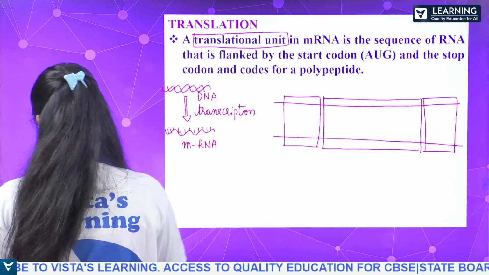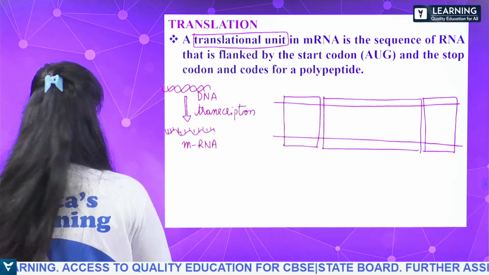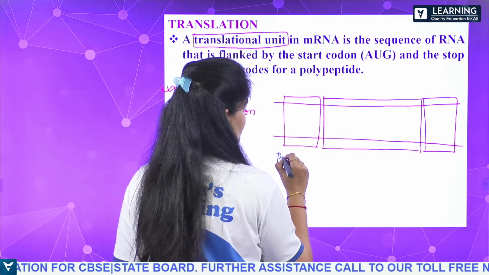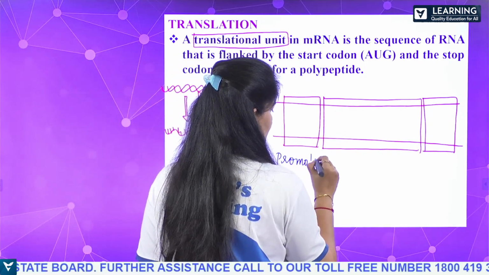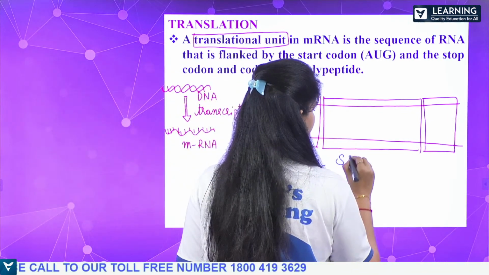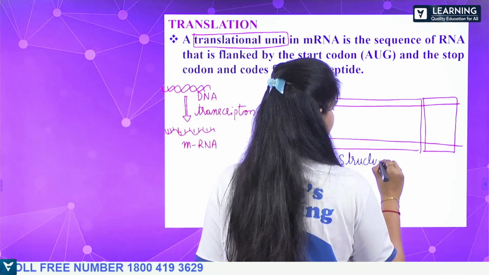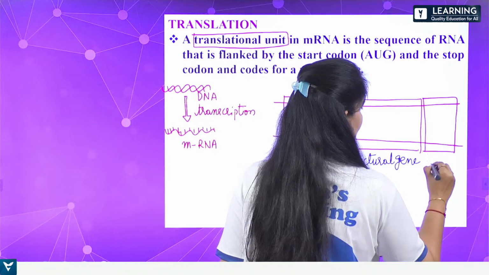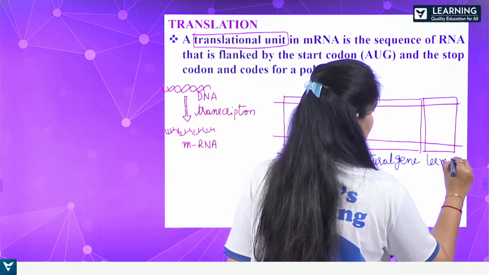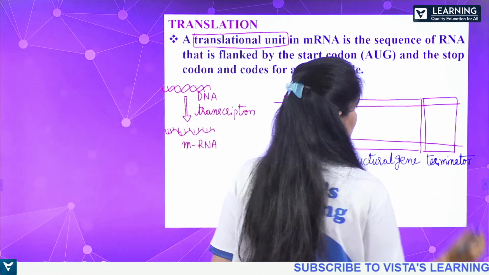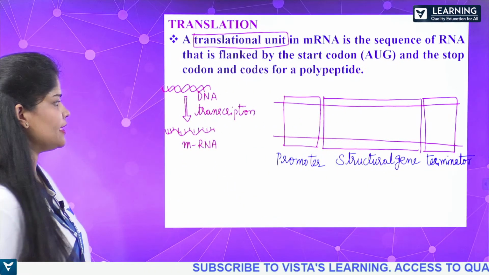This is the transcription unit where we have the promoter, structural gene and terminator.